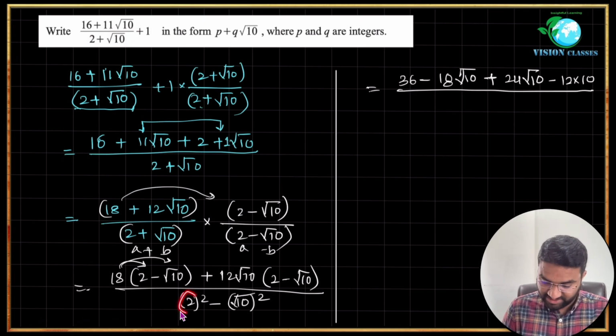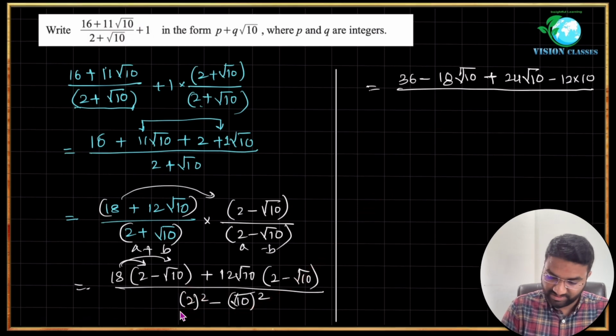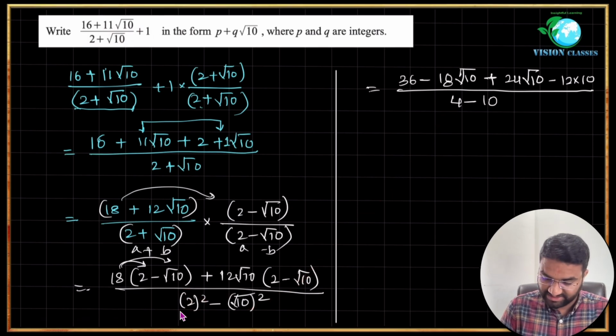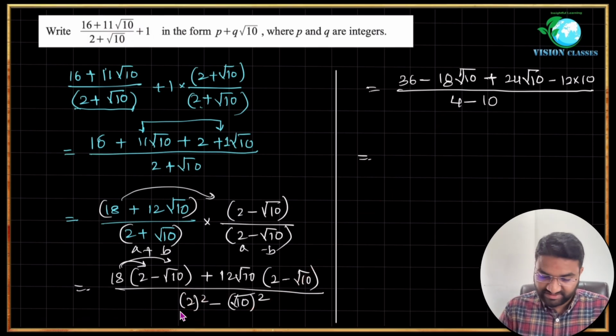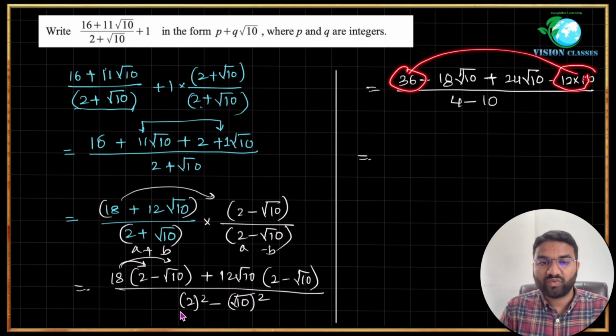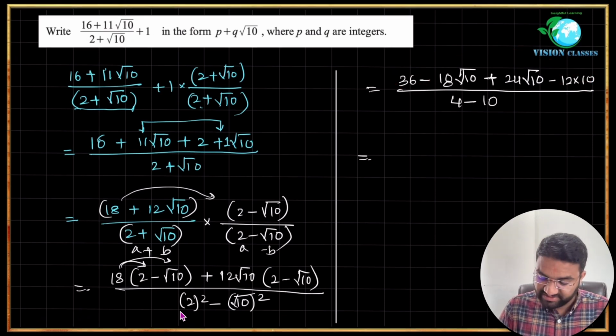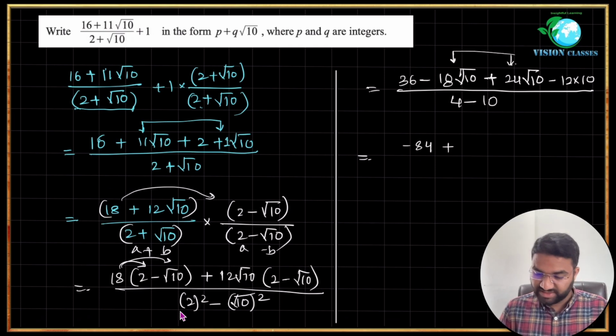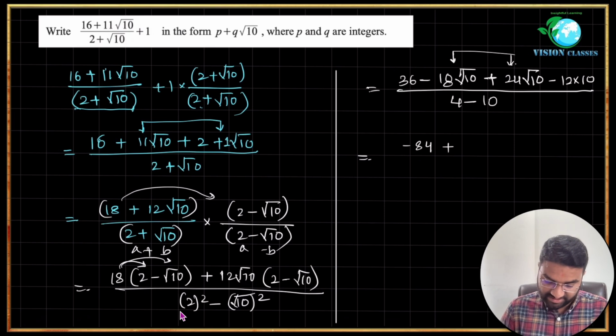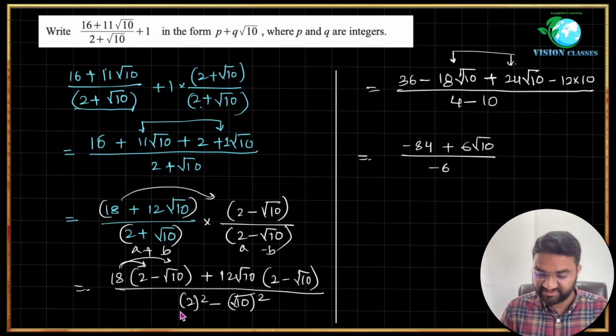So here we have 2 square, that is 4, minus 10. All right, so 36 minus 120 is negative 84. Then here the surds are the same, right? So minus 18 plus 24 is basically 6 root of 10, divided by minus 6.